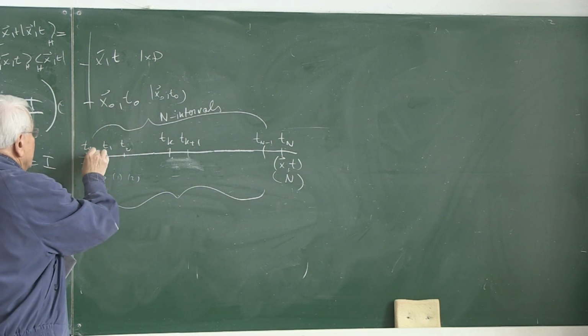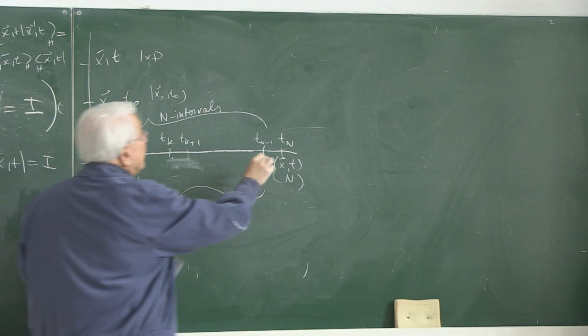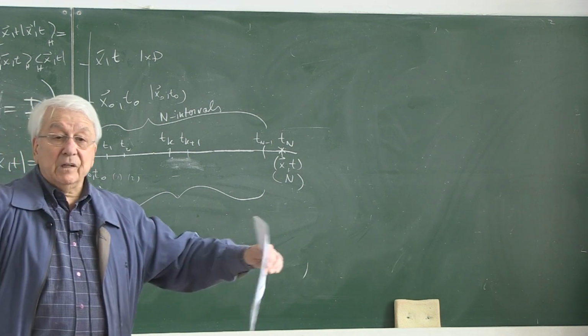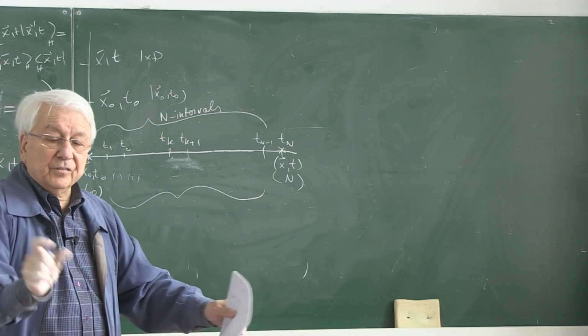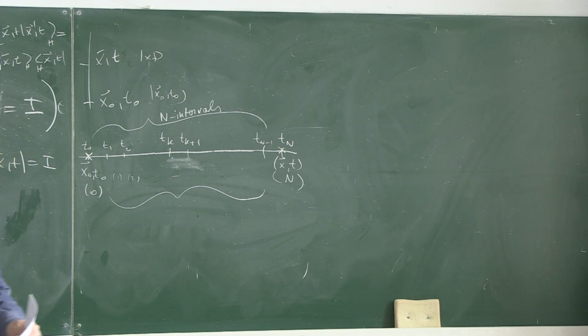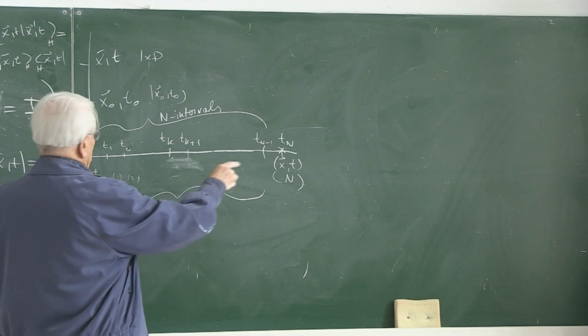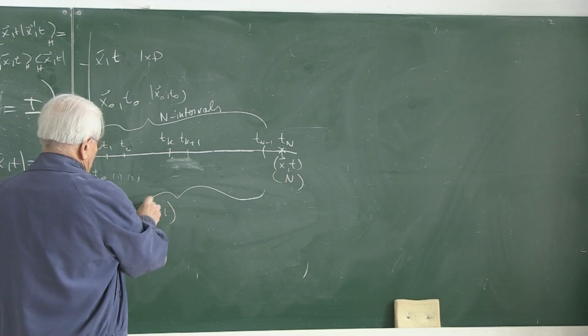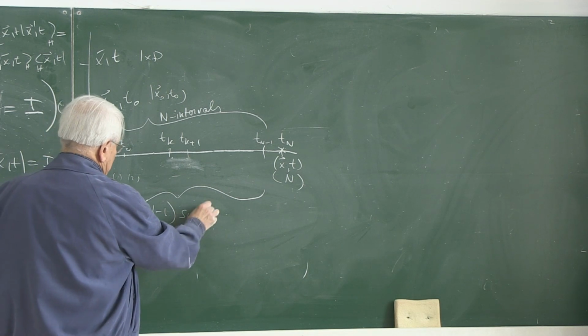I call them sub because the initial and final ones are fixed. The intermediate ones are not fixed. I will let the number go to infinity, and the size of the interval will go to 0. So the two fixed points are excluded, and there are n minus 1 subdividers.